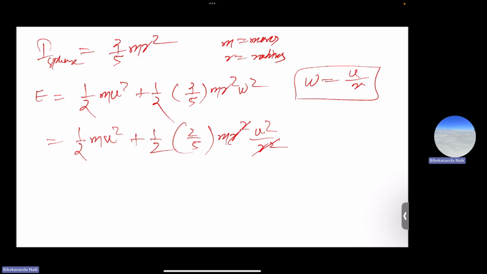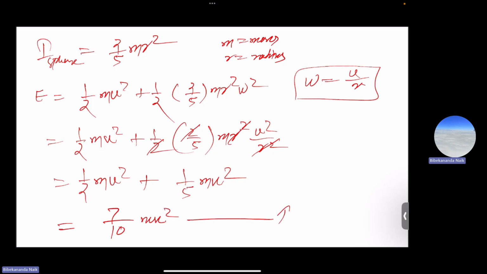So r square gets cancelled out, 2 gets cancelled out. It is half mu square plus 1 by 5 mu square. So if we add both, it will be 7 by 10 mu square.